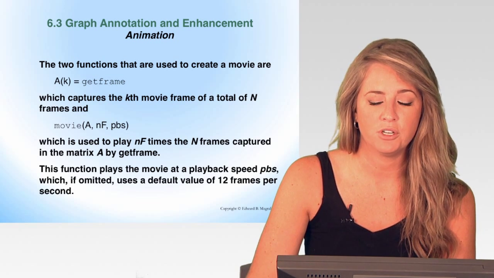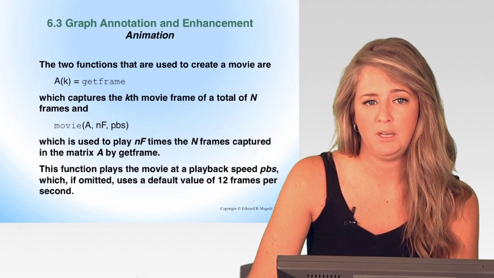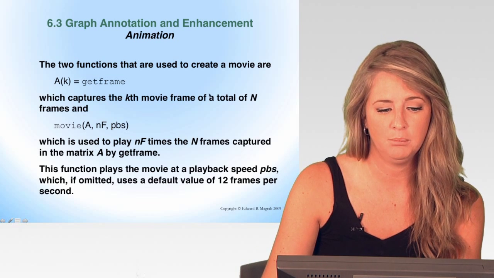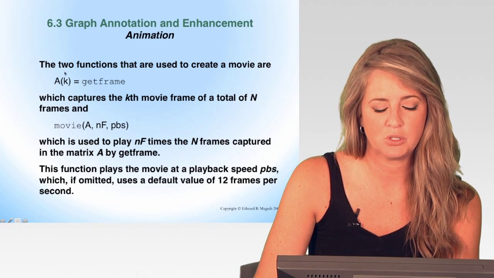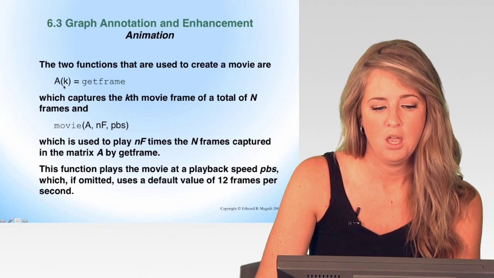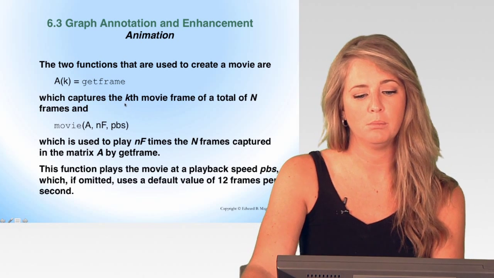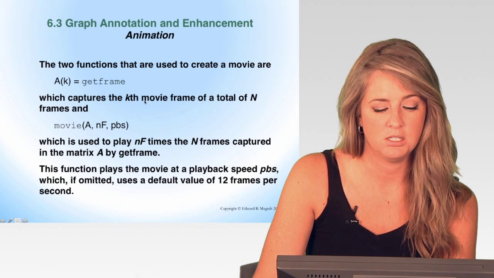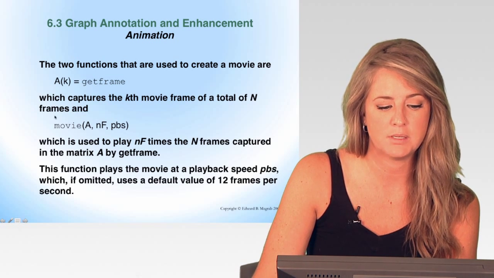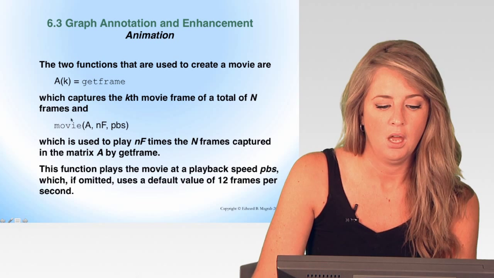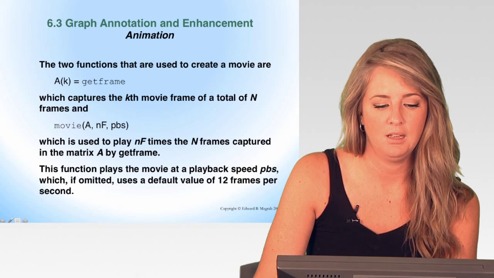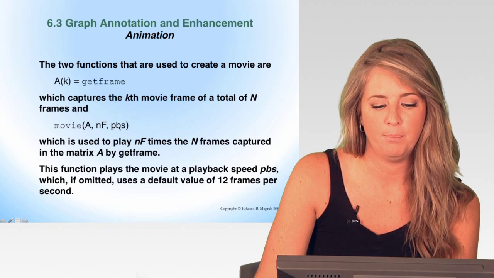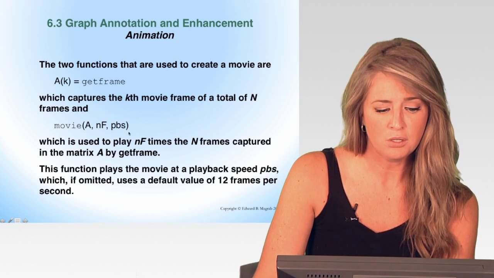So the two functions that are used to create a movie are getframe, where you have this subscript notation A(k), which captures the kth movie frame of a total of n frames. Then we have the movie function, where the input arguments are A, nf, and fps.